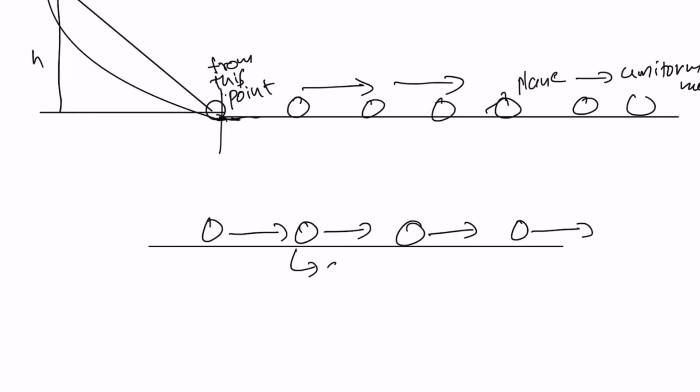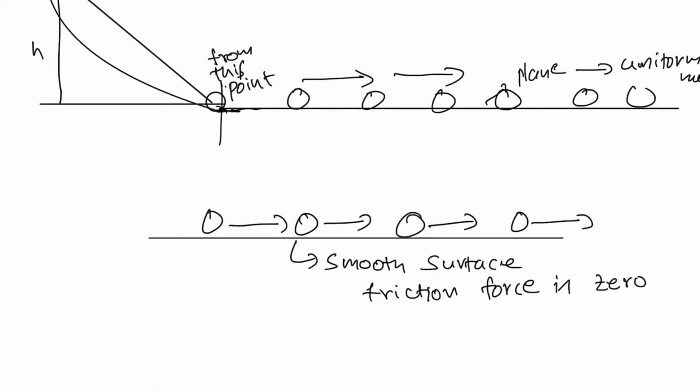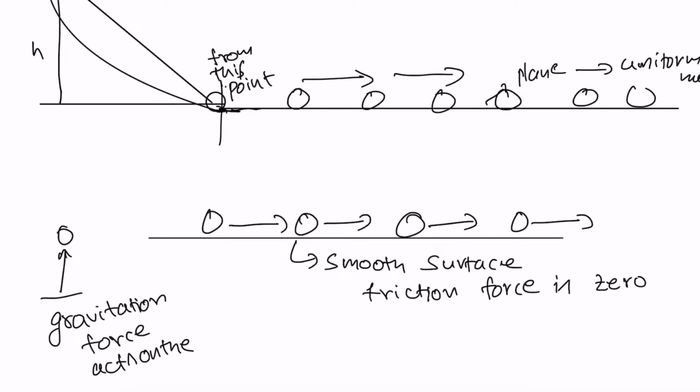Because this is a smooth surface, the friction force is also 0. Suppose we want to move up, then the gravity force is an obstruction here. The gravitational force acts on us.